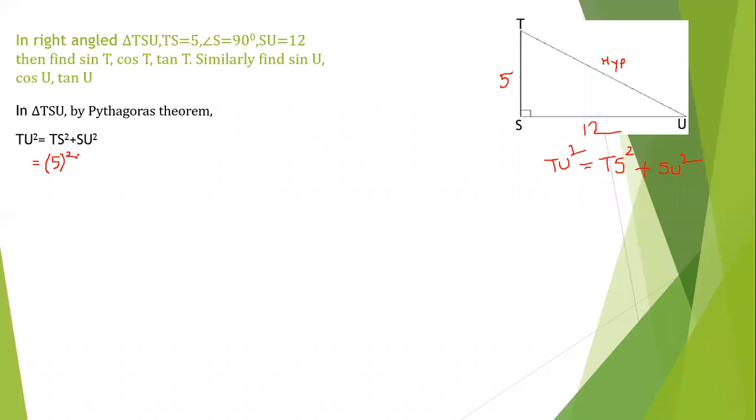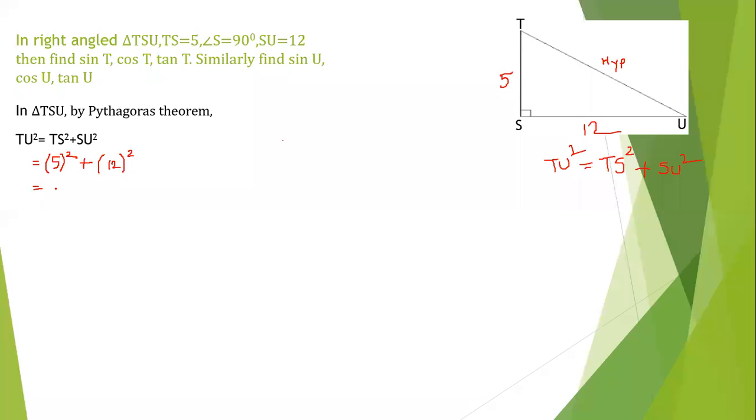Then we will copy plus as it is. And in place of SU square, we will write the value of SU, that is 12. So bracket 12, close the bracket and write square, that is 2 over there.